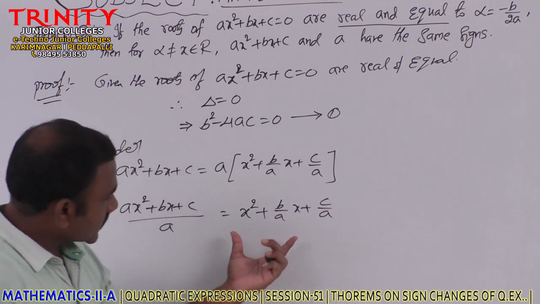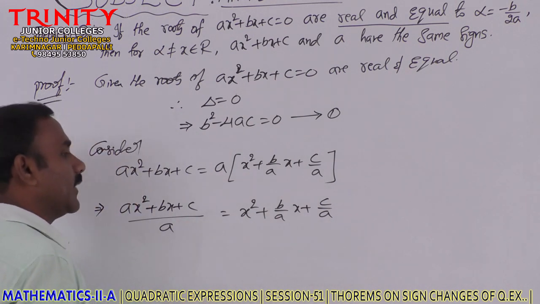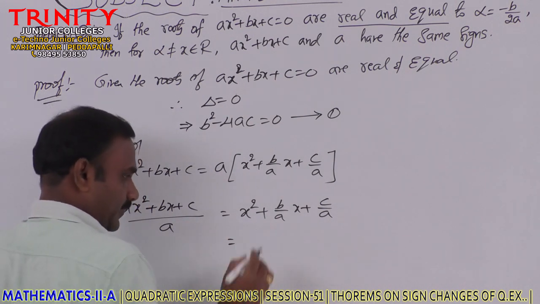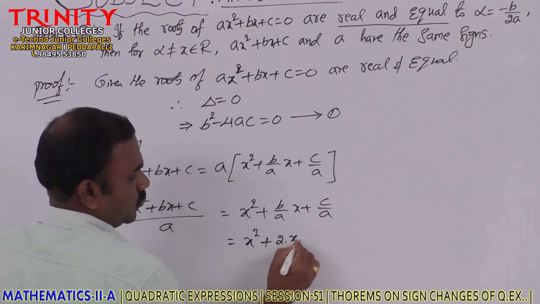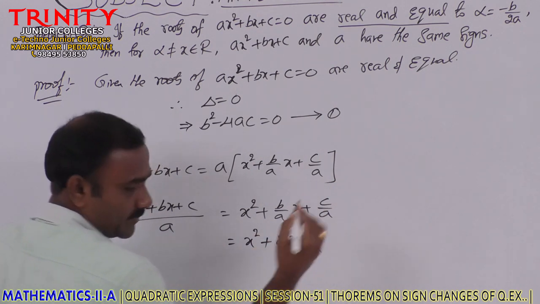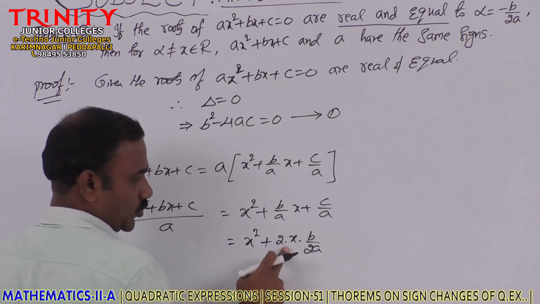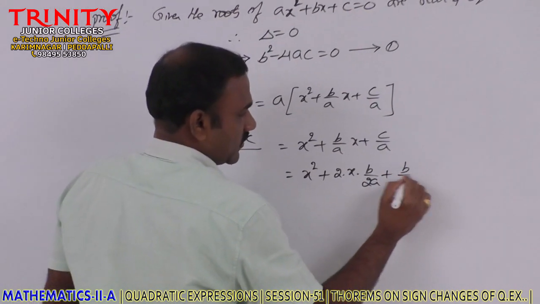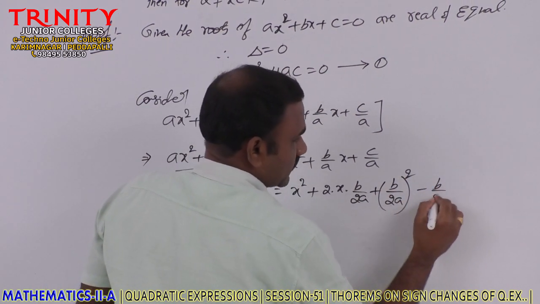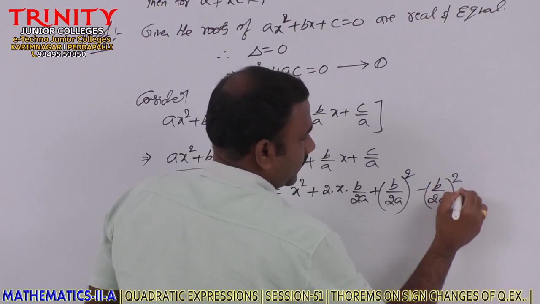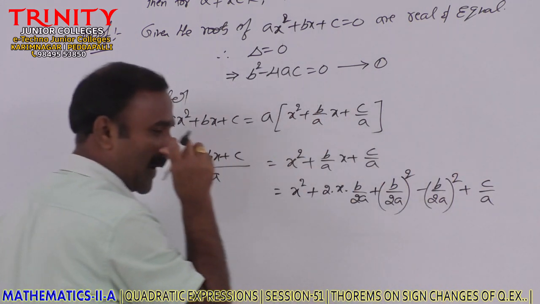Now express this as a perfect square. Can I write this as x square plus 2 into x into b by 2a, then we require b by 2a whole square, minus b by 2a whole square, plus c by a.